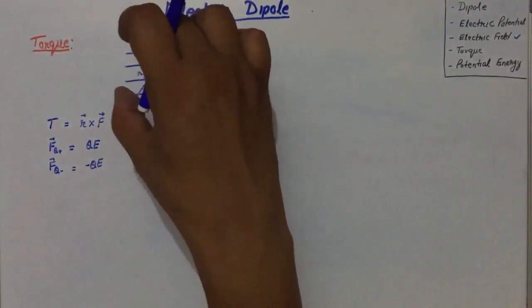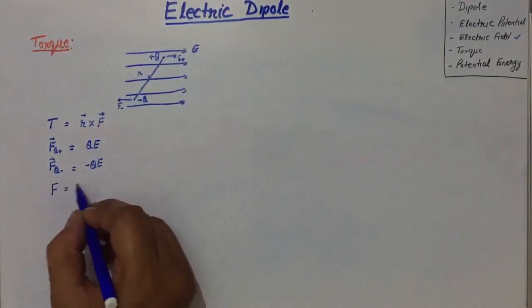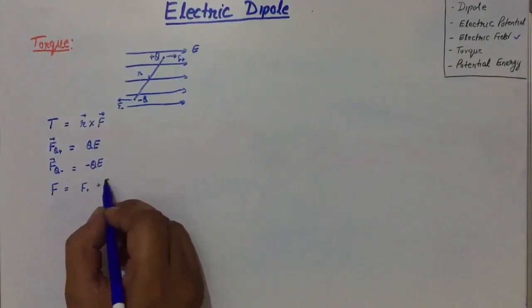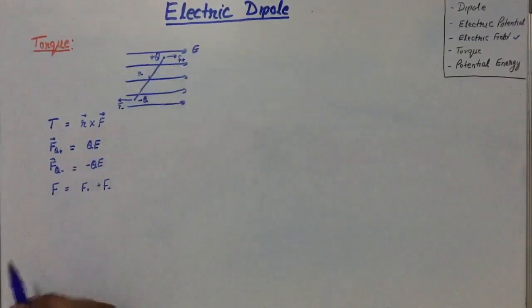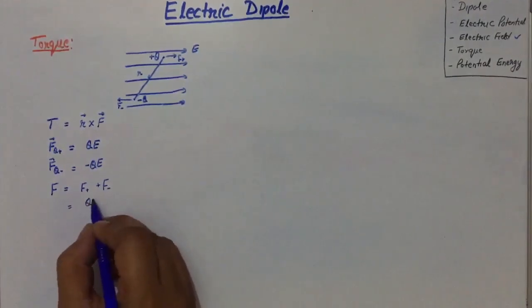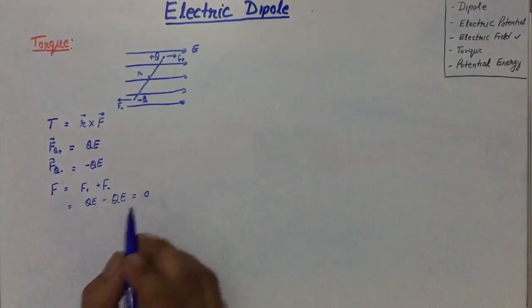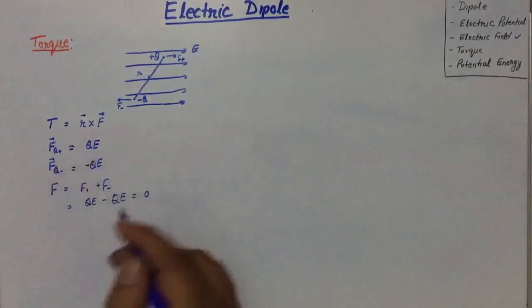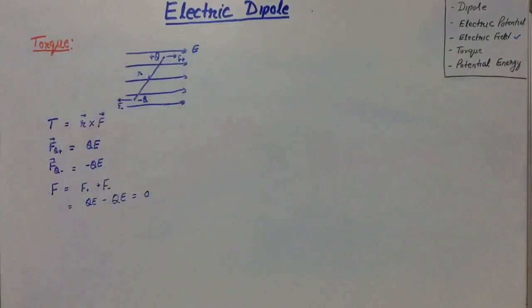If we consider this as a system, then the net force is the force positive plus force negative, because there are only two forces acting on this system due to this electric field, QE and minus QE. Adding these two gives 0. So the force on this dipole will be 0.